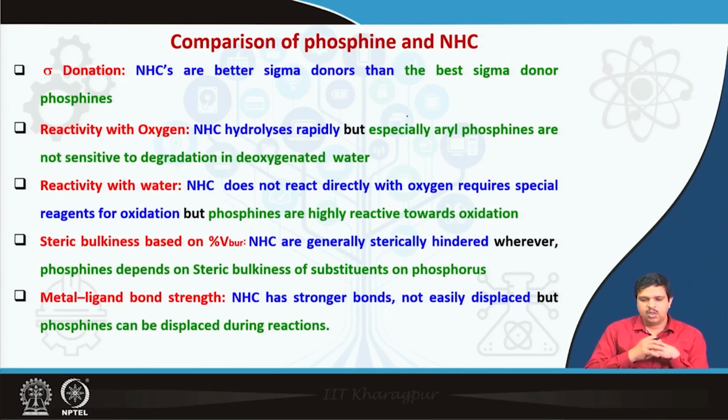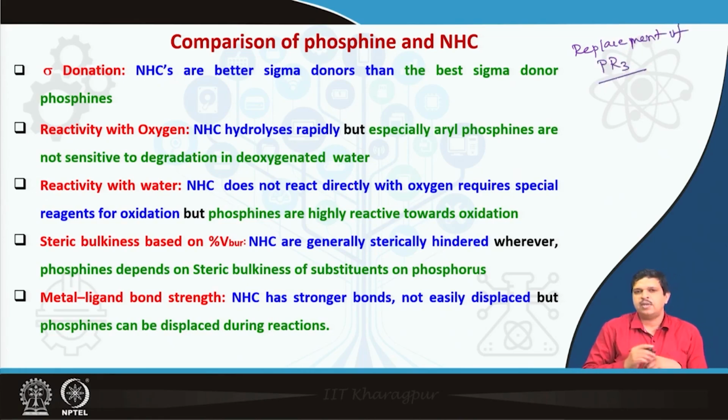This is good and important information. If you see recent papers, books or reviews, we generally become very excited if we can replace the phosphine ligands in any catalytic system.